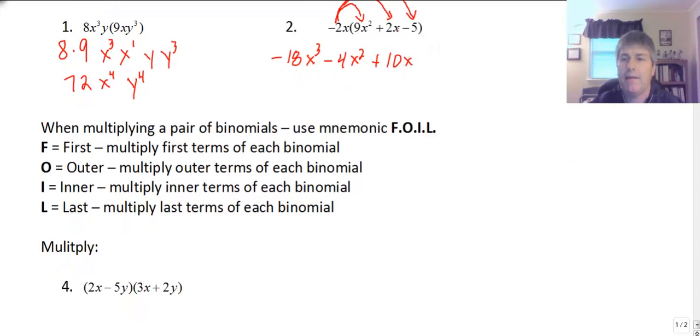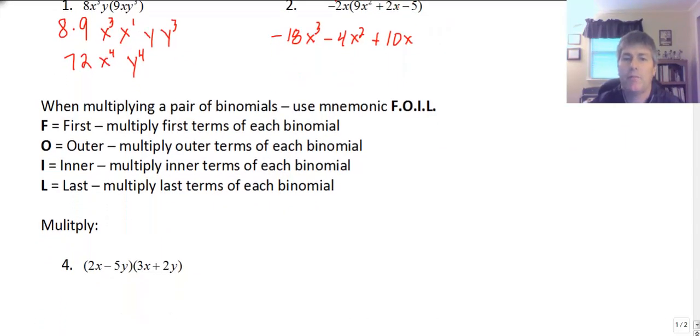When multiplying binomials, you have probably seen the mnemonic device FOIL, which stands for first, outer, inner, last. Essentially that is a tool for reminding you to multiply every single term in one binomial times every single term in the second binomial.